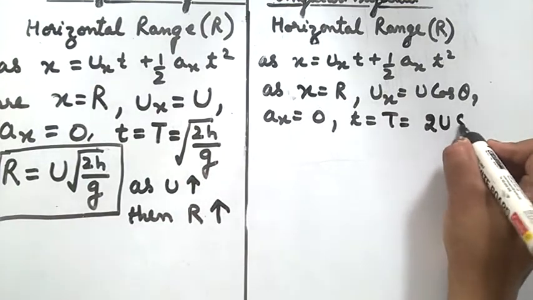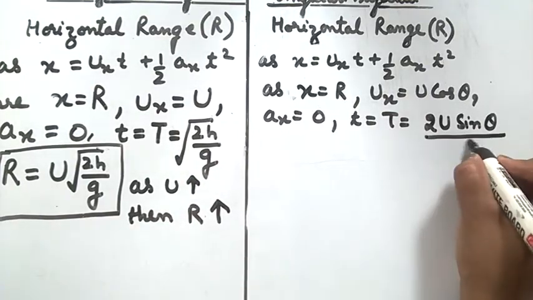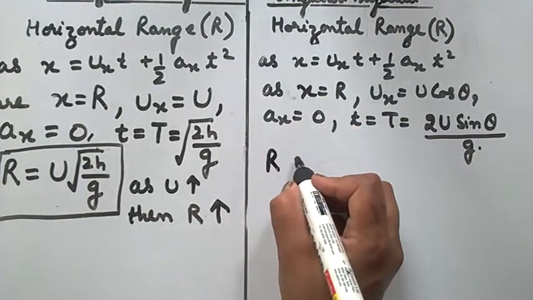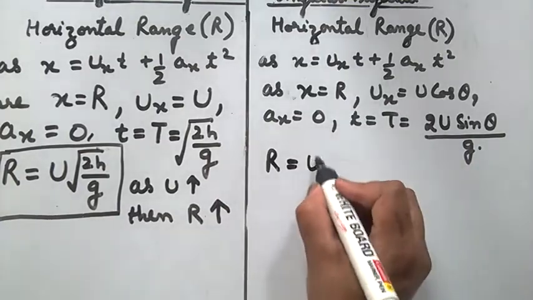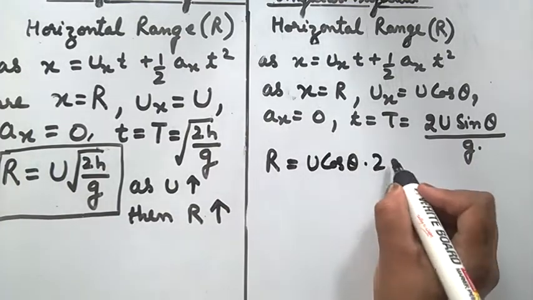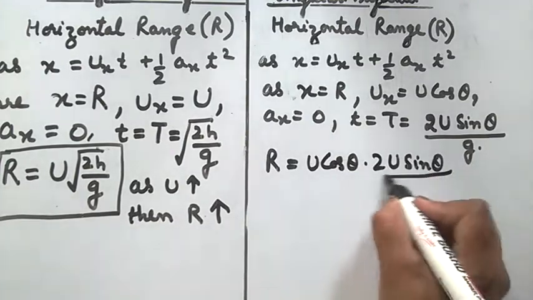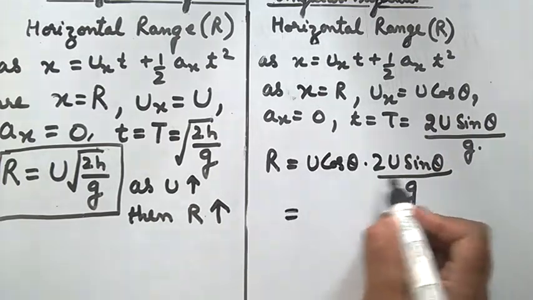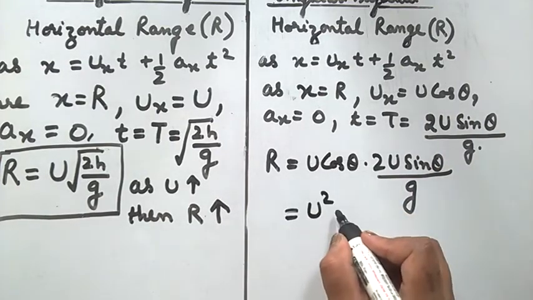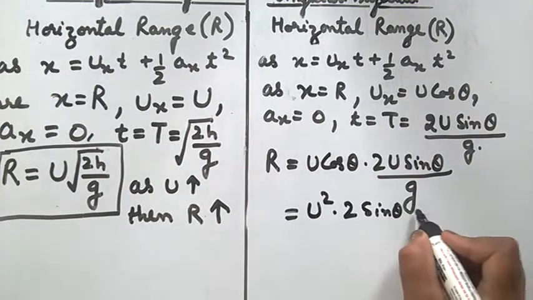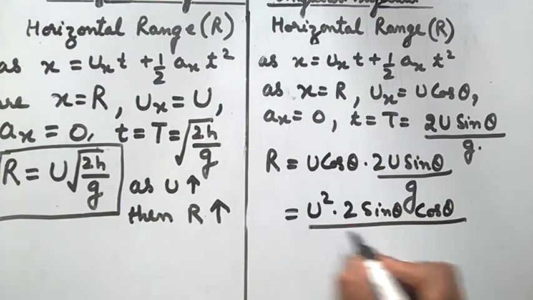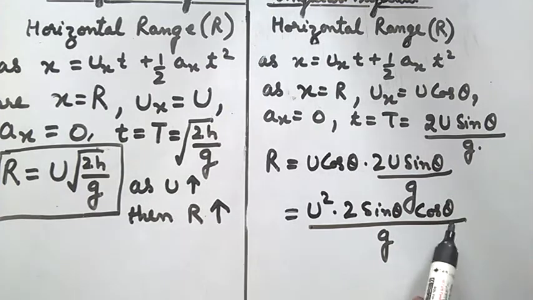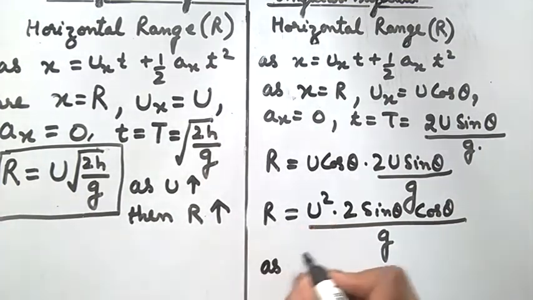On substituting all these values, we get horizontal range R is equal to u cos theta into 2u sine theta by g, and the remaining term will be 0. Therefore, we get it equal to u square into 2 sine theta cos theta by g. And by trigonometric formula, 2 sine theta cos theta is equal to sine 2 theta.